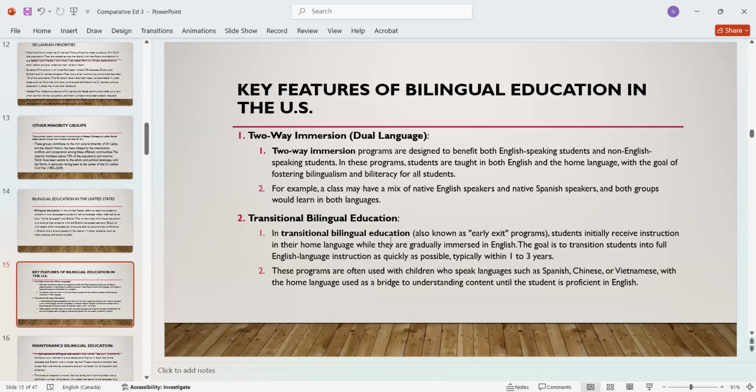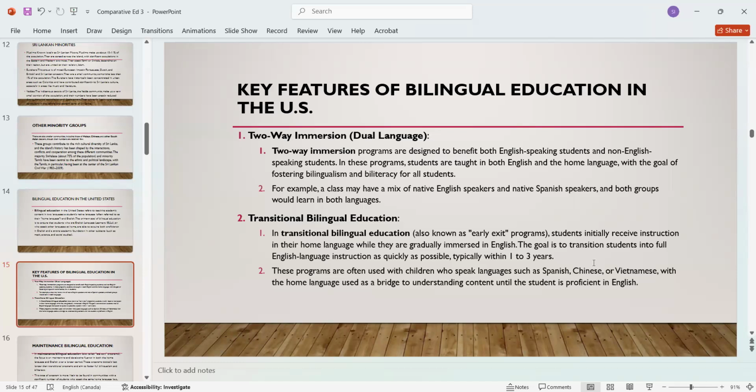Actually, they have to use 3 languages. That means Sinhala, Tamil, and English, right? So slowly they are moving to English. So from the second year, they are not going to use mother tongue. They have to use English, right? That is the setup in universities, right?